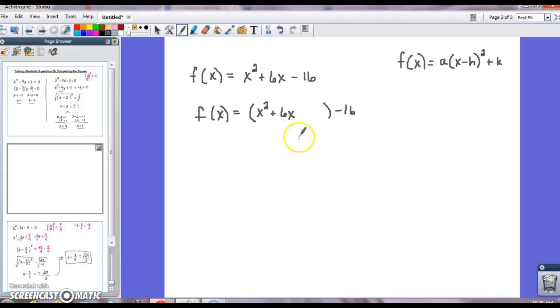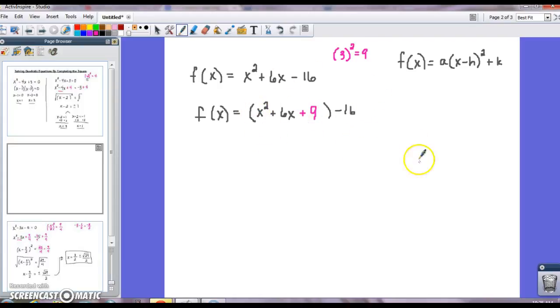Okay, so I haven't altered anything yet. Now, just like I did before, I'm going to complete the square. So I'm going to take half of this middle term. I'm going to take half of 6, which is 3, and then I'm going to square 3, and that gives me 9. So I'm going to add 9.